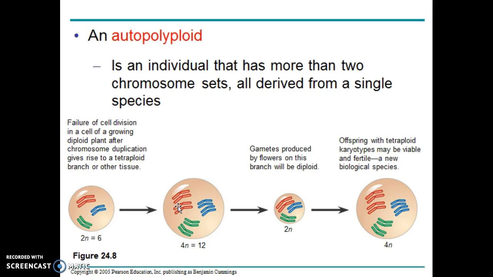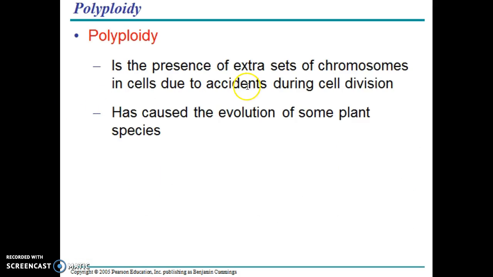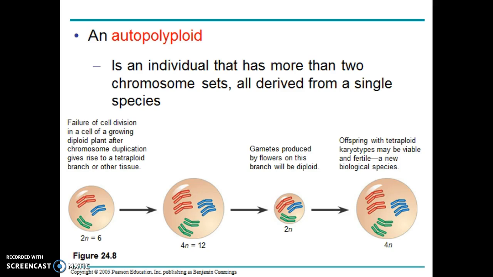Each of the red ones made a copy of itself, so instead of being 2 red ones, there's now 4. Well, what if cytokinesis never happened for whatever reason? That would be accidental, and that's kind of what we were talking about with polyploidy, accidental. So if cytokinesis never happened and this cell remained as 4N and it didn't die, it would start producing gametes that are 2N, and 2N would equal 6.